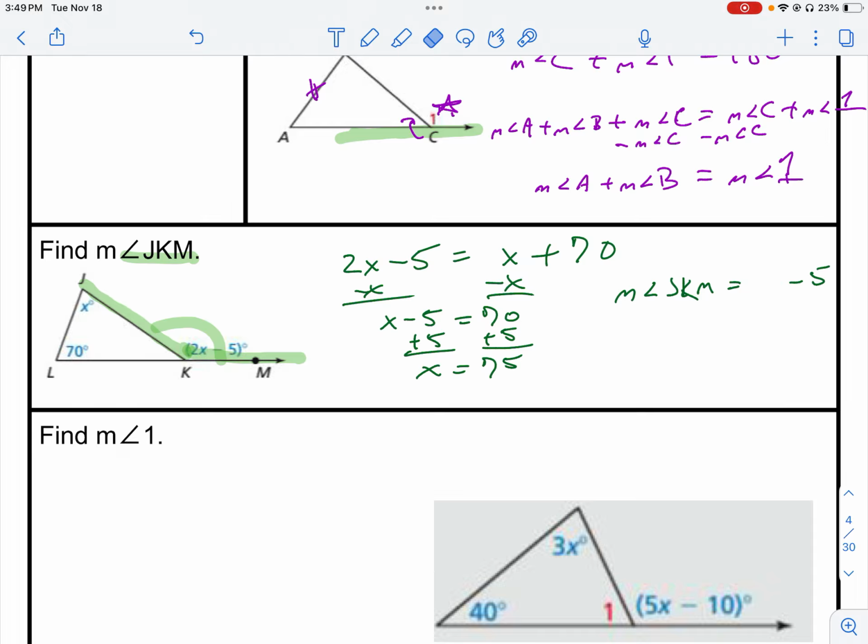Let's go ahead and substitute in our x. So 2 times 75 is 150 minus 5. So the measure of angle JKM equals 145 degrees.